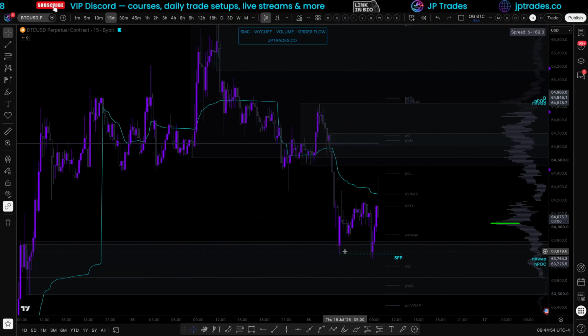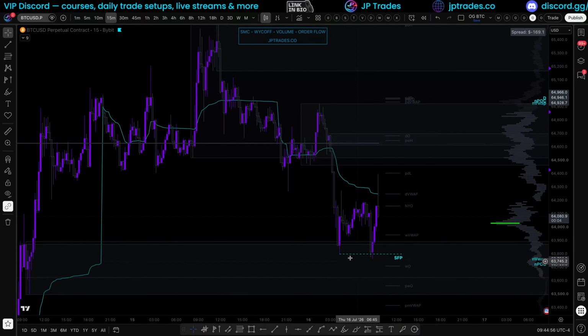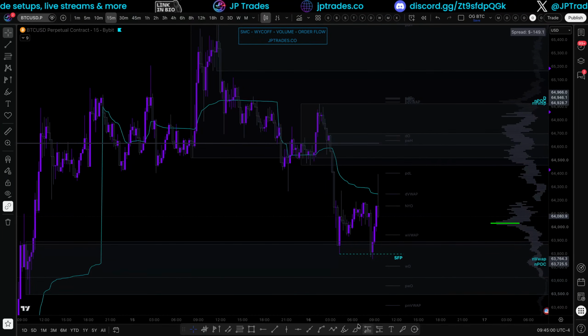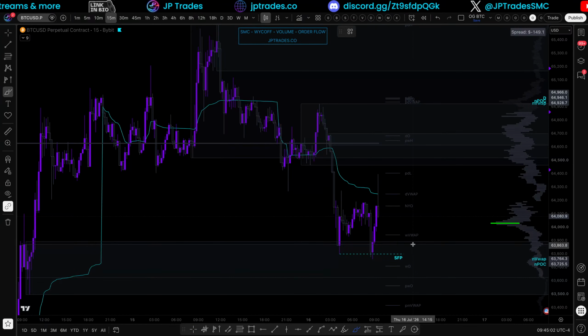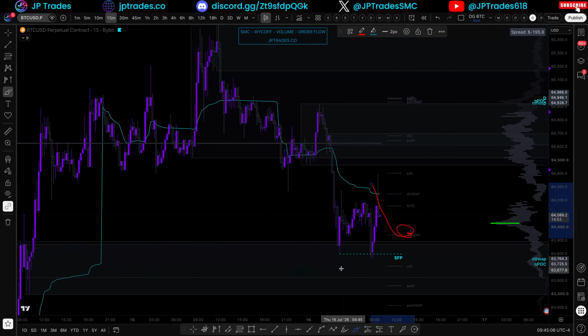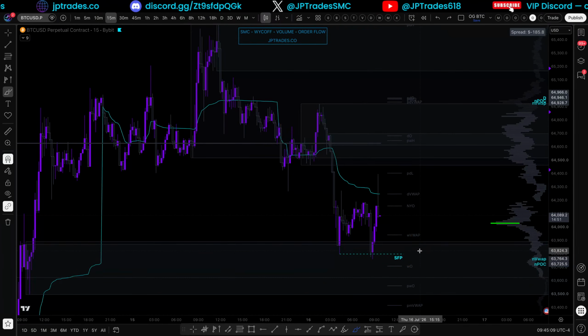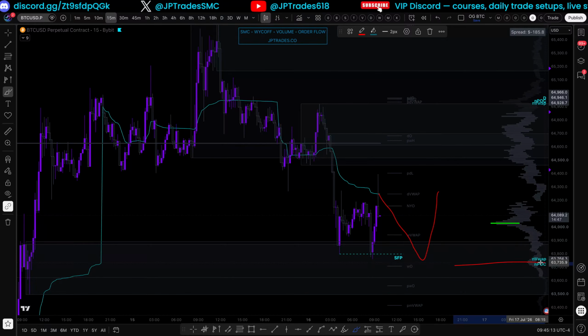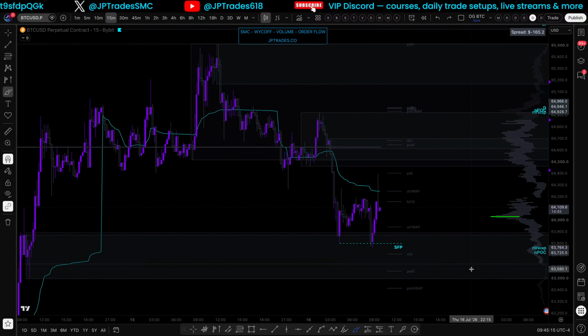Also had an SFP creating potentially a tap 2 scenario here at our discount area. Nice order block. Maybe we come down, get a retest for tap 3, bigger accumulation, or we could just take it for a model 1, end up hitting that naked point of control that we left behind.